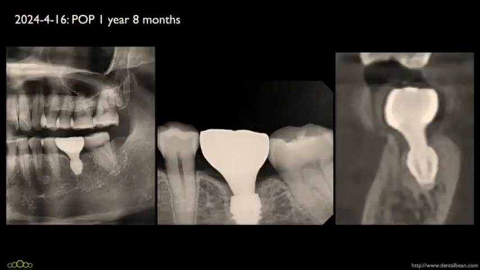So it's better to place a short implant, even when bone is enough. In the future, you and I will not use long implants anymore, except in the immediate implant placement situation. This is much better than placing a long implant.